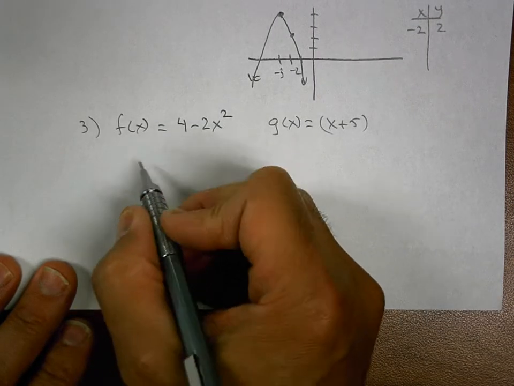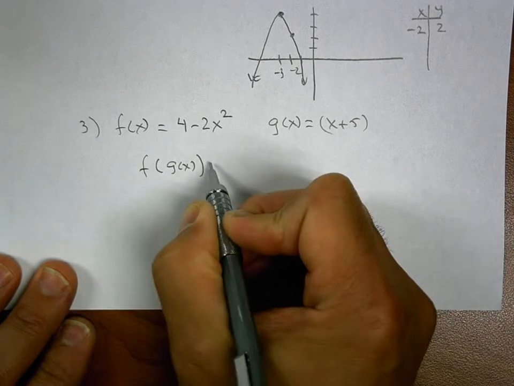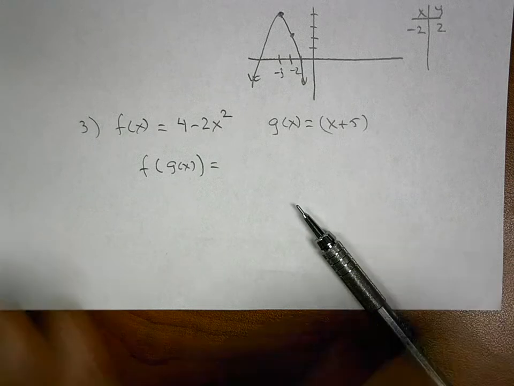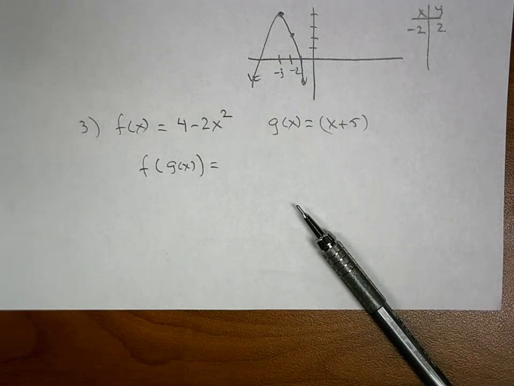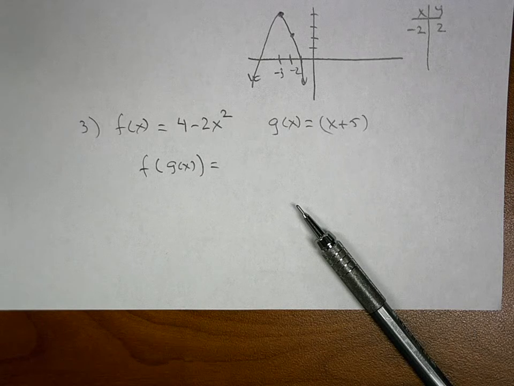Okay, we're going to sketch f of g of x. Actually, since we know how to do this, go ahead and see if you can write out what f of g of x is and then graph it.